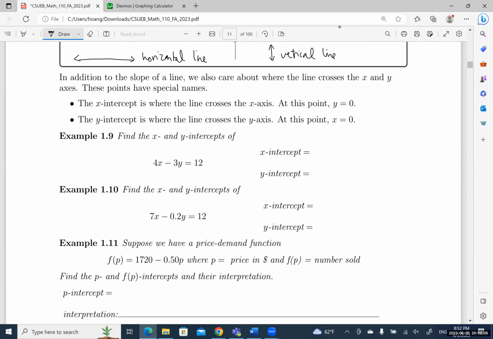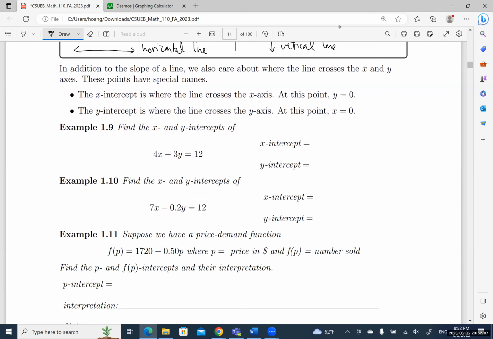So we're going to move down to the next part. In addition to the slope of a line, we also care about where the line crosses the X and Y axes. These points have special names.